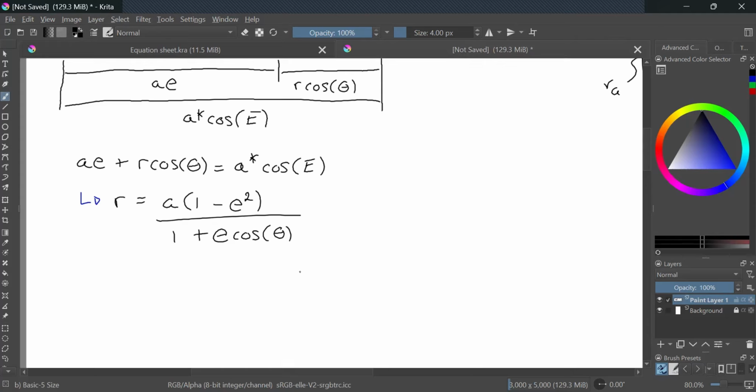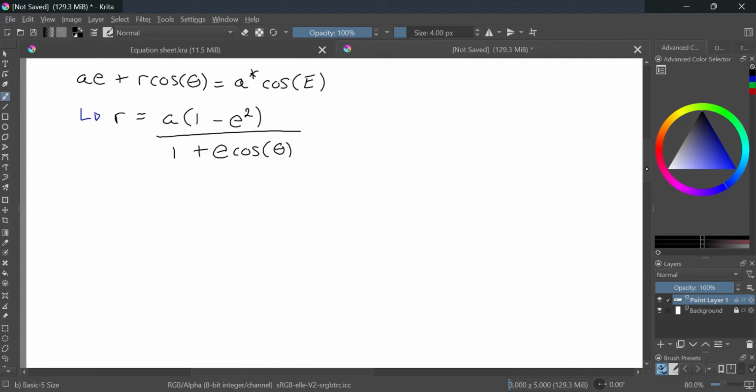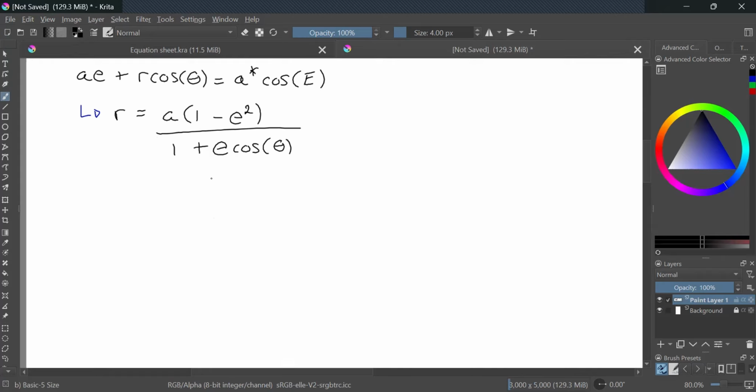Except it would be nicer to have it be explicitly e. Let's not worry about that. Let's bring the denominator over to the other side here. And I'll go ahead and distribute everything. We have r plus r times e times the cosine of theta is equal to a minus a times e squared.